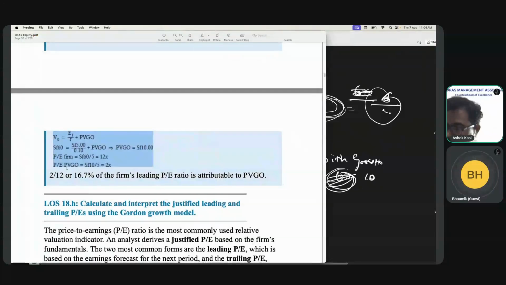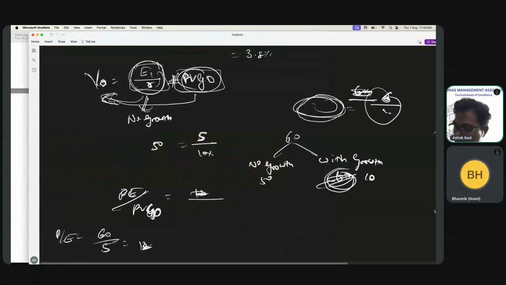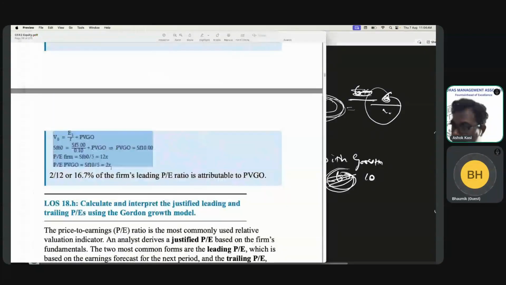The last step, PE to PVGO. So how it is 10 by 5. This is PE to PVGO, meaning price earning based on PVGO.